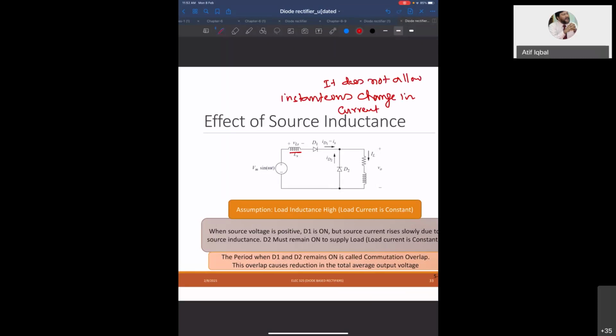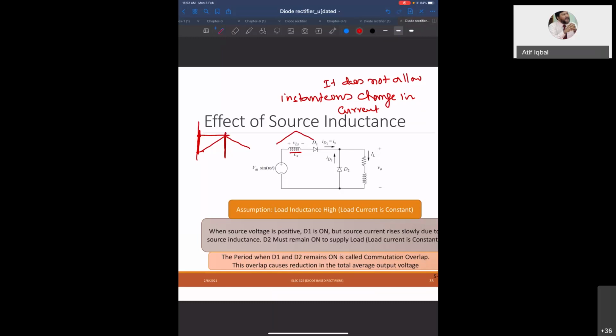If there is no inductance, we show the current going up like this and coming down like this. But if you have inductance, it will allow a slow rise of current and then a slow fall of current. There will be no sudden jump in the current.